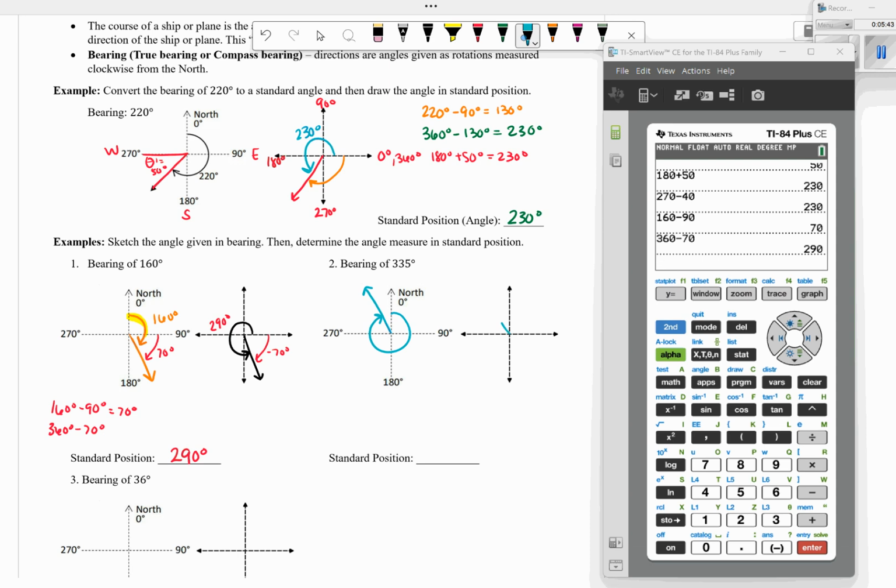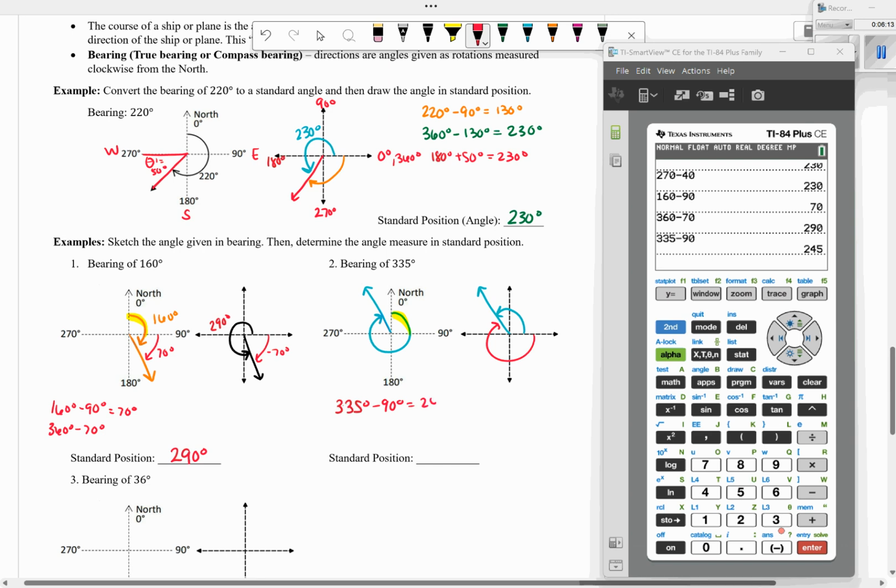So if we want to figure out what this angle is in standard position from here to here, again, notice that the difference is that 90 degrees here. So we could figure out the negative angle measurement and then add 360 to that. So from here to here is going to be equal to 335 degrees minus the 90 degrees, which gives us 245.